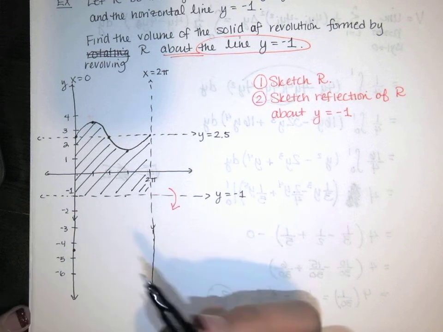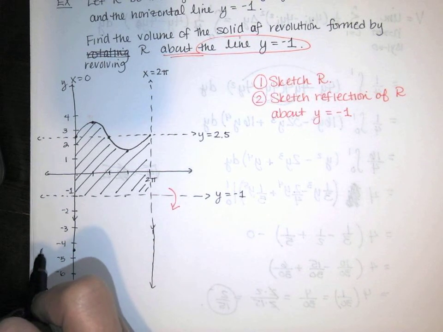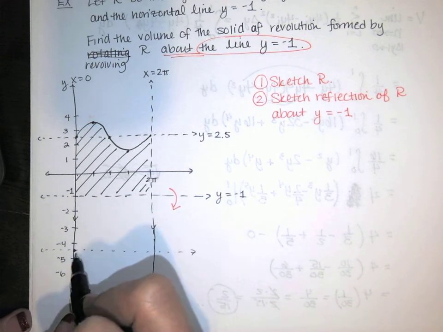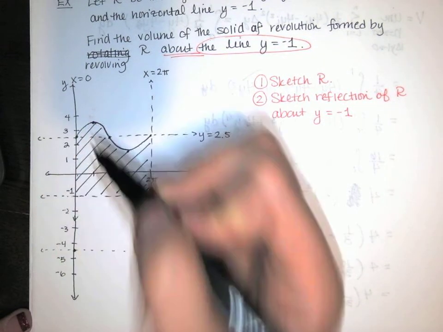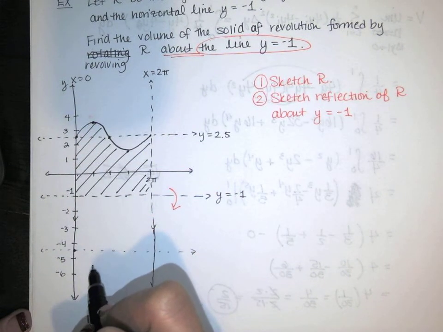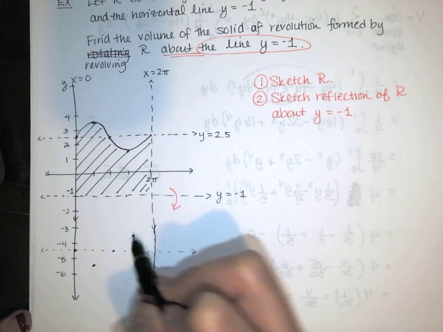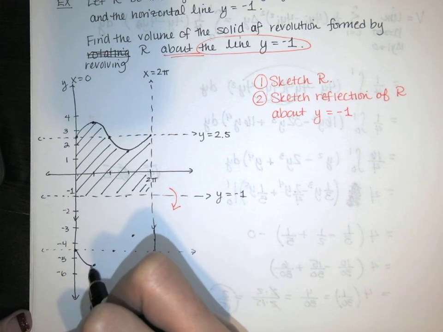And then -6 would be here. So after the reflection, this would be the new center line, and instead of going up 1, I'm going to go down 1, and then back to center, and then up 1, and back to center.